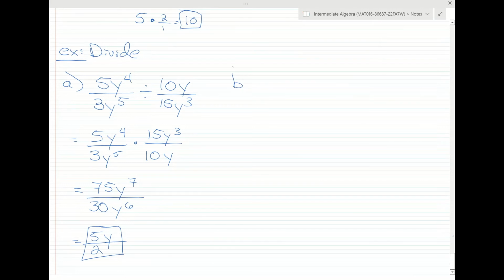Couple more. What about if we had u squared minus v squared over u minus v divided by u over u squared minus uv?